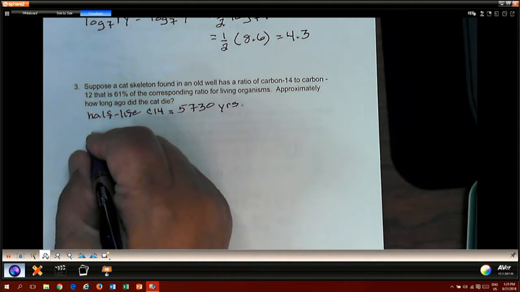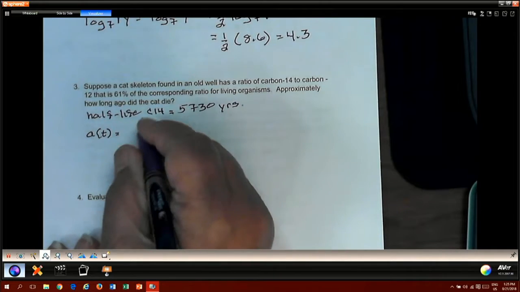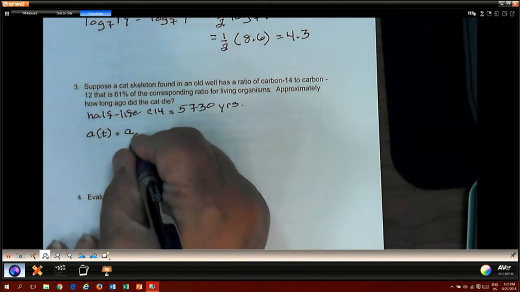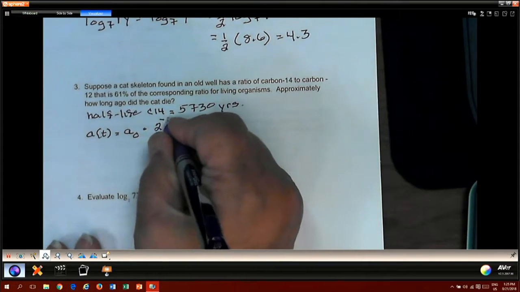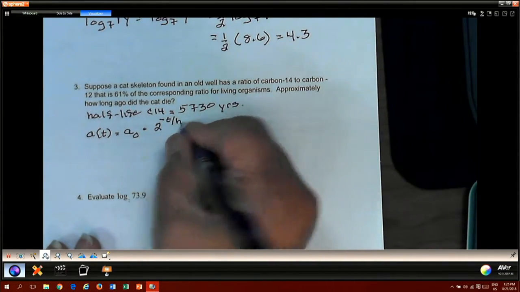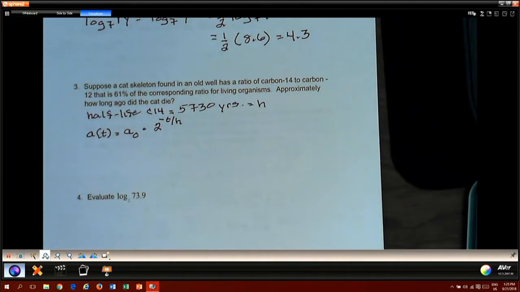So our formula is A of t equals a sub 0 times 2 to the negative t over h, where h is the half-life. Now, we don't know what a sub 0 is, but we do have the ratio.